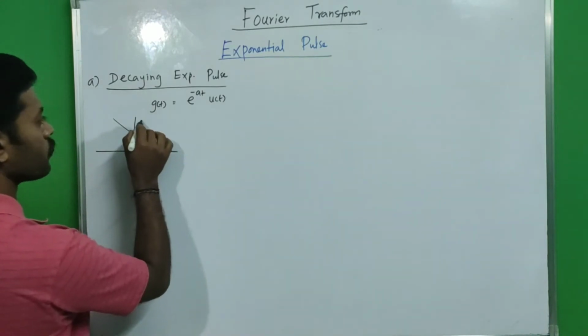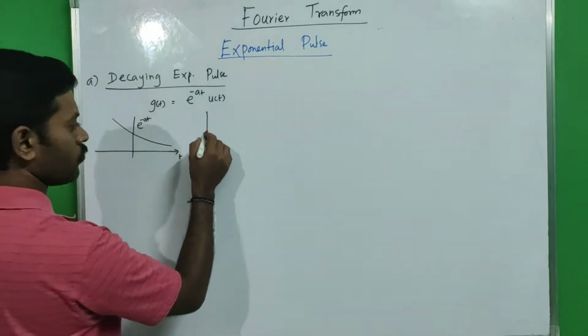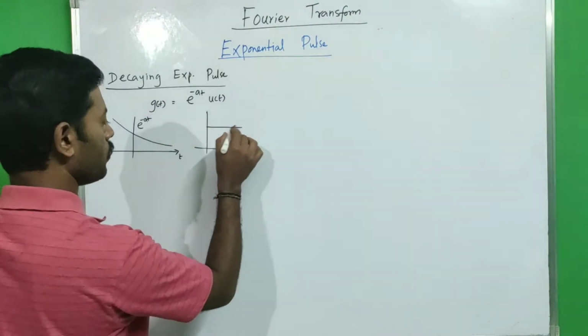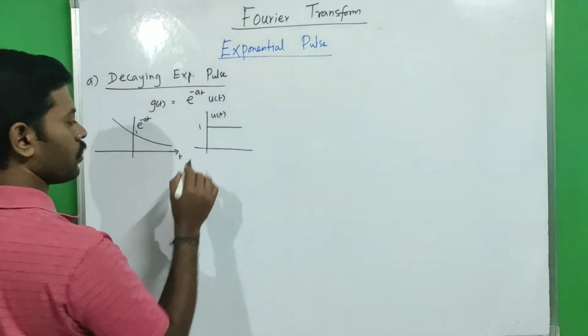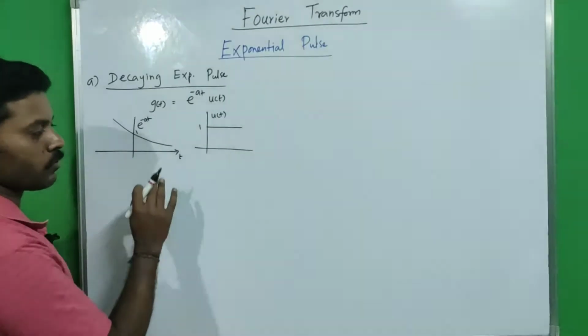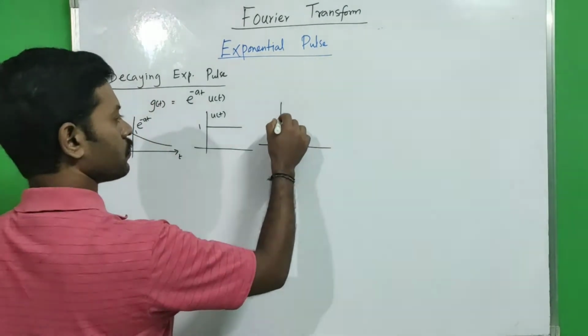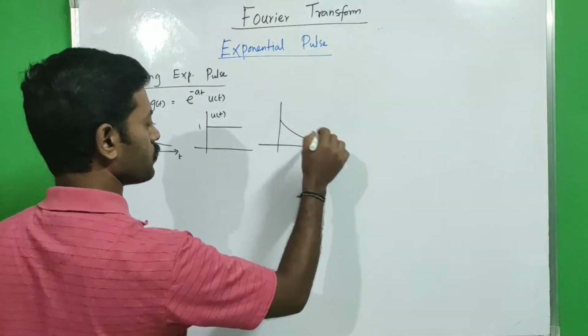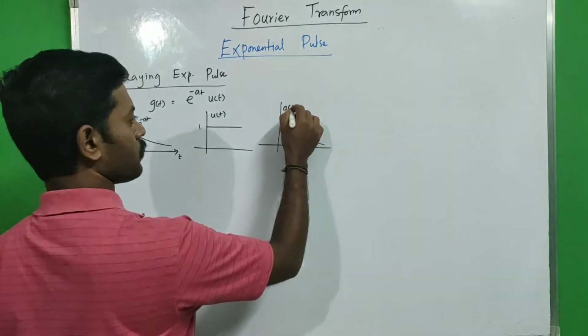This is e power of minus at t, and u of t has magnitude 1 here. If you multiply these two waveforms, you will get g of t. So this is the exponential decaying pulse, g of t.